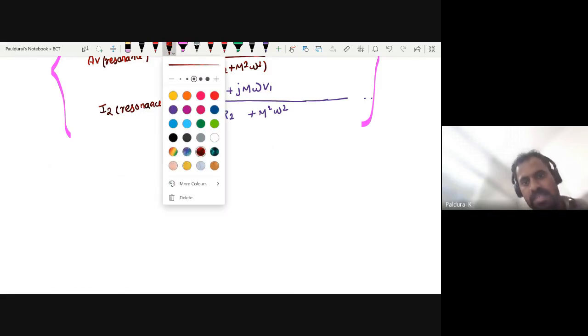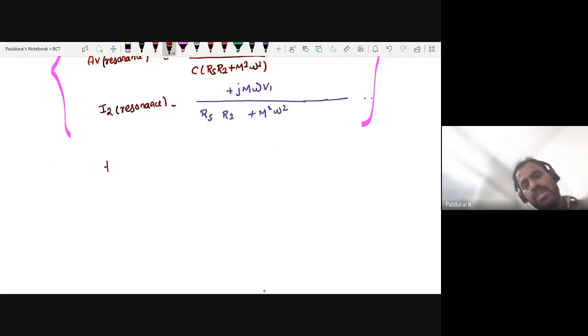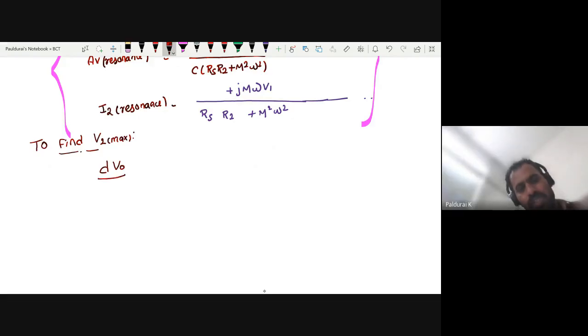Right, so the output voltage. I want to get the maximum output voltage V2 maximum. Maximum means, at the maxima, the slope becomes 0. So with respect to mutual inductance, it becomes 0. So d by dm of what is your V out, nothing but V2.